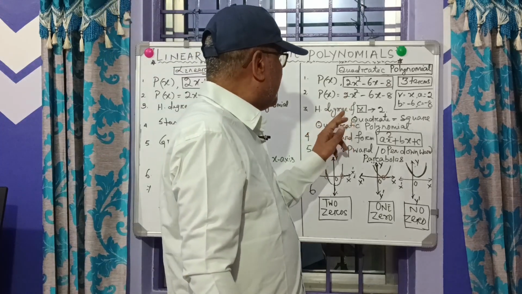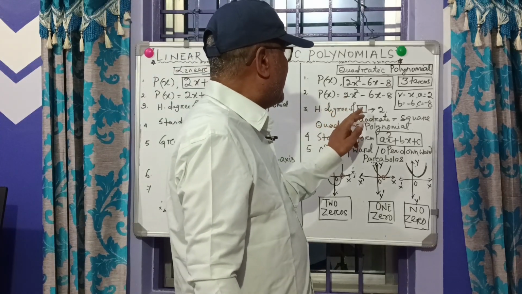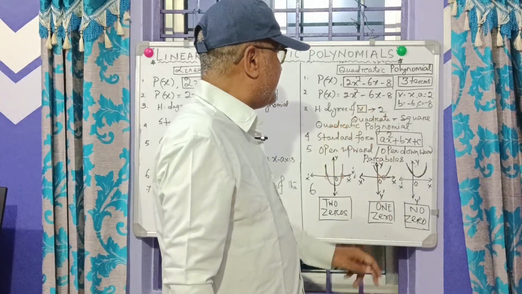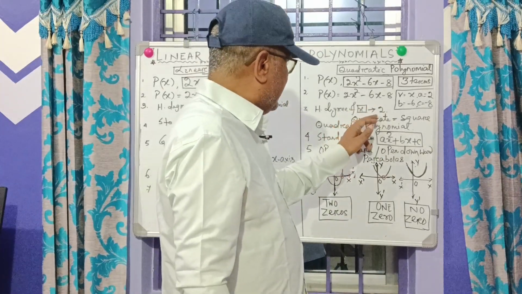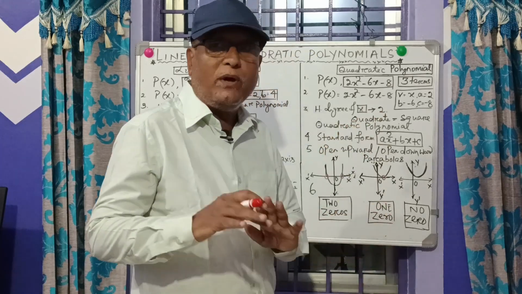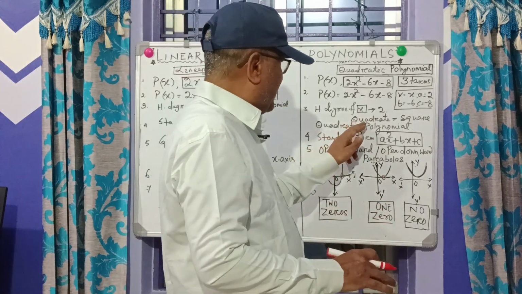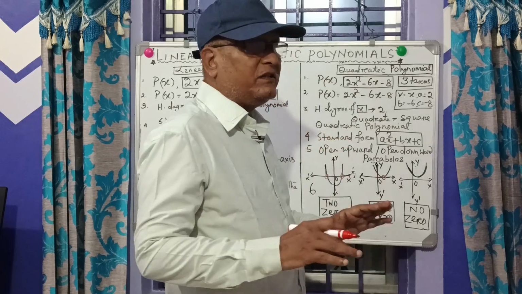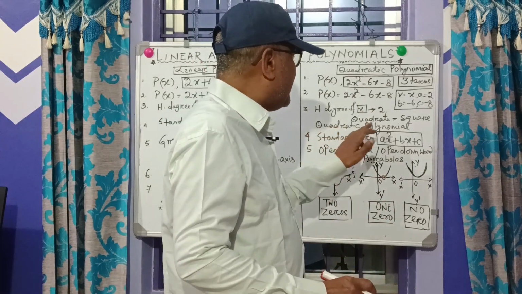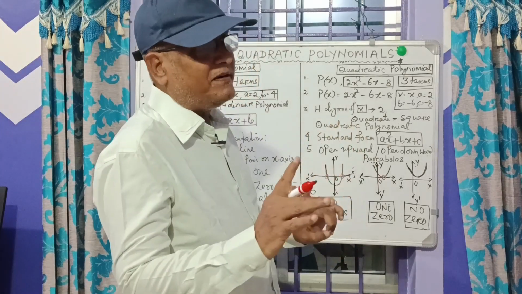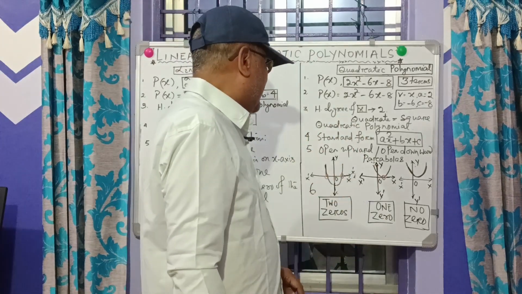Now the highest degree of the variable is 2, meaning x². This has been derived from the word quadrate. Quadrate means square, so it is called a quadratic polynomial. The degree is 2. This is very important.